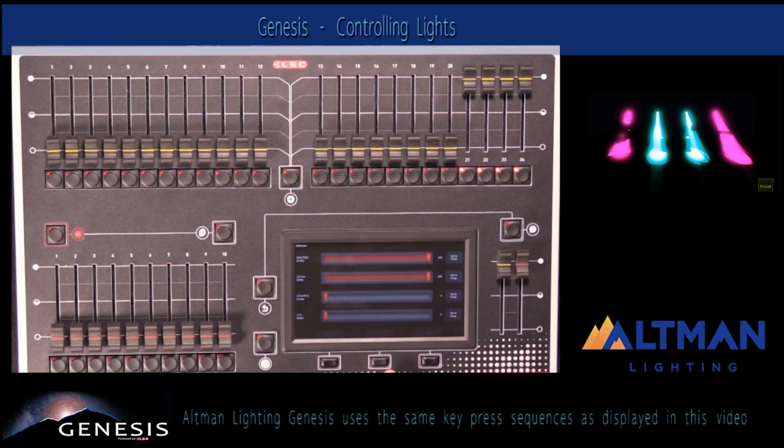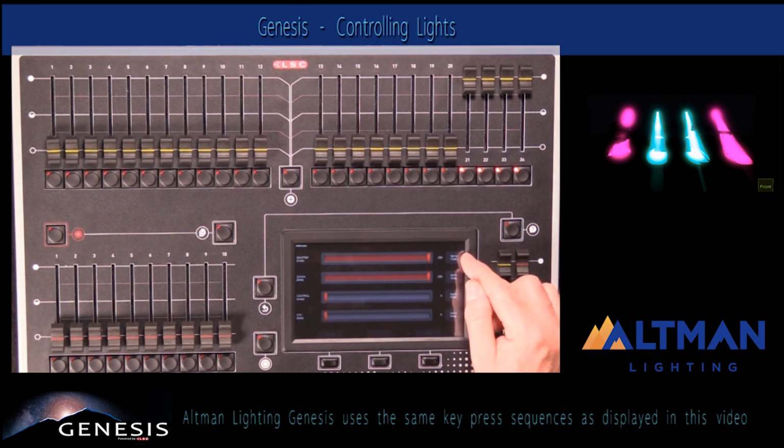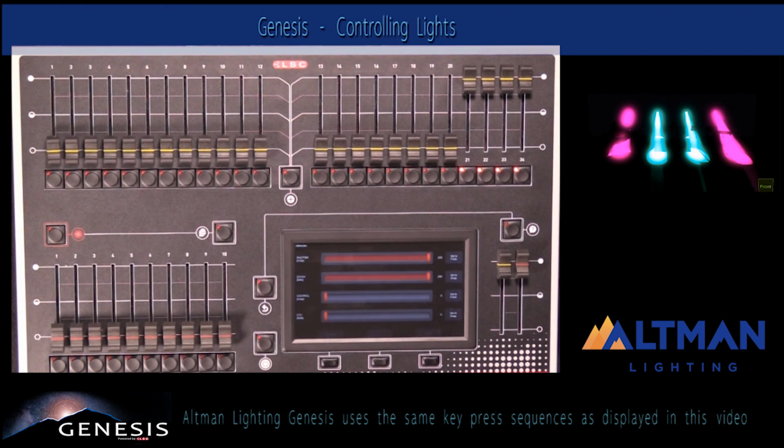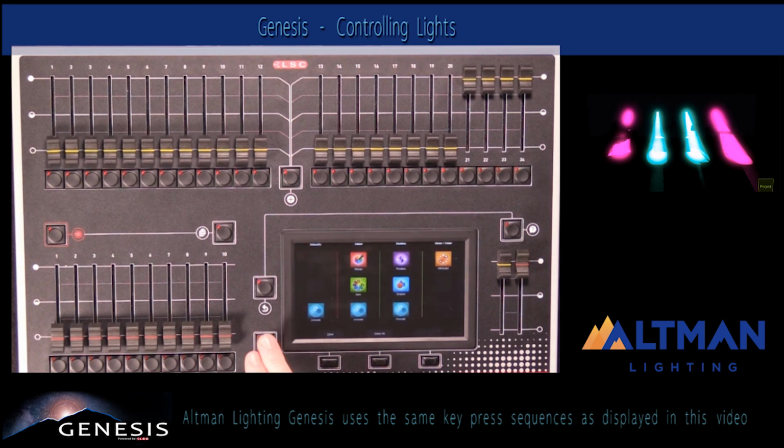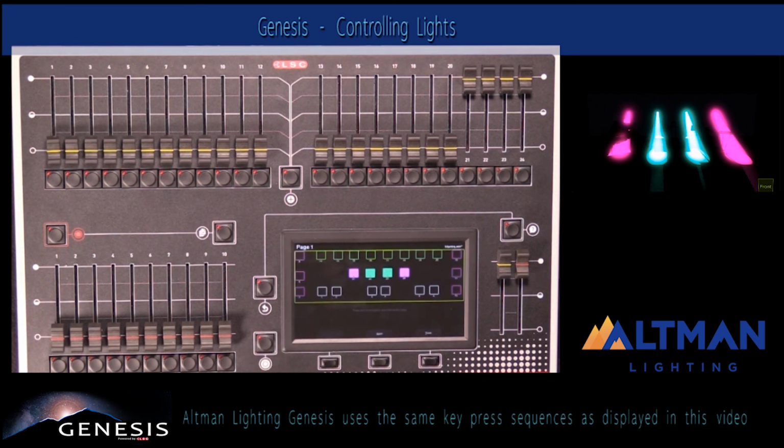If there's more than 4 faders, previous and next buttons will appear here at the bottom of the screen to allow you to switch between the pages. You also have an option to set these to fade or snap. This is a more advanced function. You can read up how to use that in the user manual. When you're finished, press the mantra button to go back to your home screen.